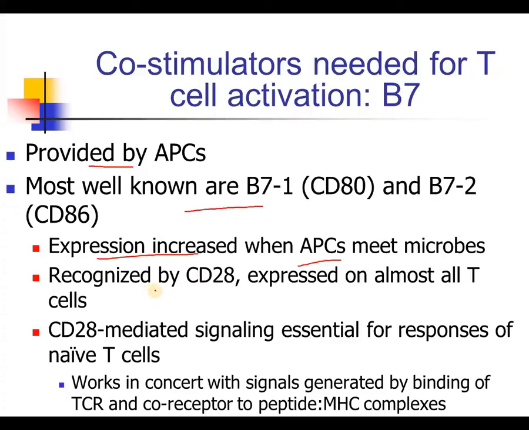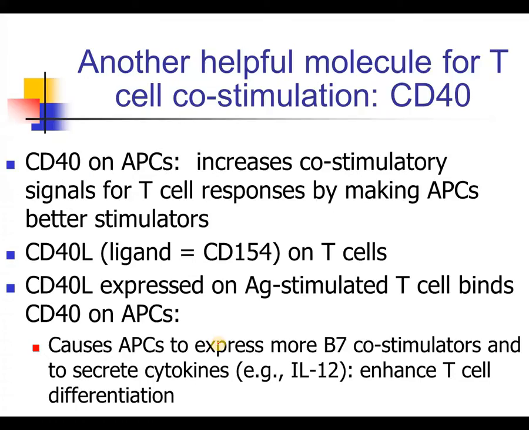B7 is actually recognized by CD28, which is a receptor expressed on almost all T cells, and it's the CD28 mediated signaling that's essential for responses of these naive T cells. So it works in concert with signals generated by the binding of the T cell receptor and its co-receptor to the peptide MHC complexes. This will give you the full activation of the naive mature T cell.